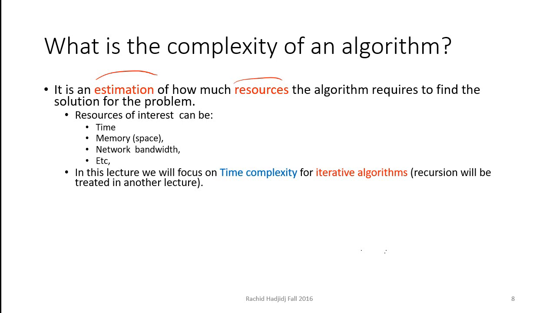The type of resources we could be interested in are time. We want to know how long it takes to find the solution. It could be also memory, how much space the algorithm requires to find the solution. And also it could be other types of resources such as network bandwidth or maybe electricity consumption and many other types of resources. But it could also be a combination of all of these.